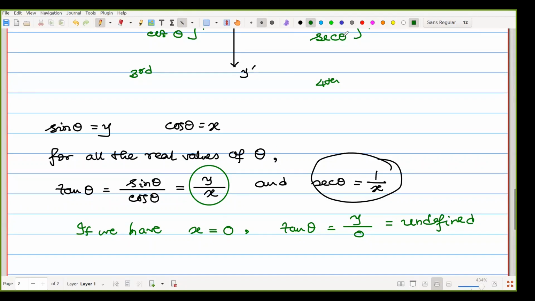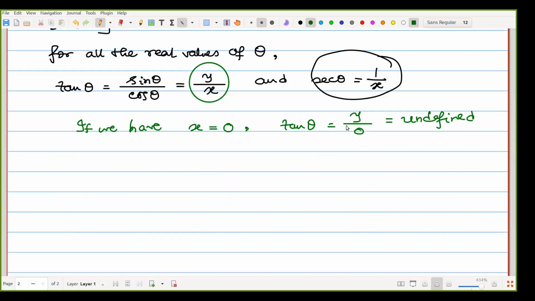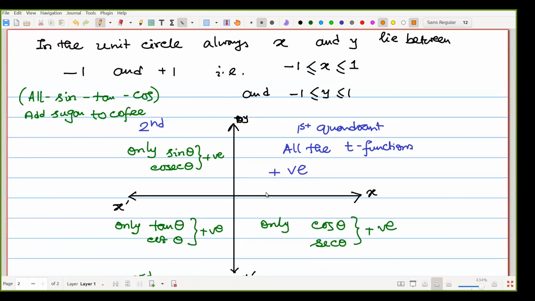That may happen only for the axis of y. On the axis of y, we have x is equal to 0. Remember, x is always 0.